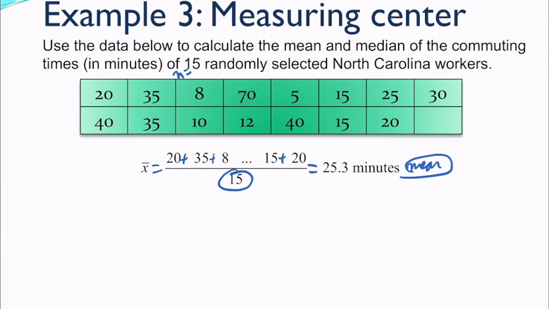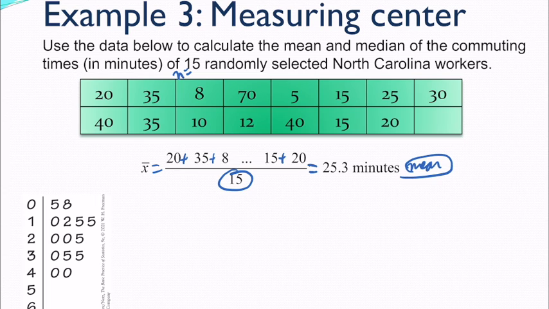One way to start this might be to organize my data and write them out as a whole list, or I could make them into a stem and leaf plot. I've got 15 data values. So my middle value is going to be 8, right? That would leave me 7 on each side.